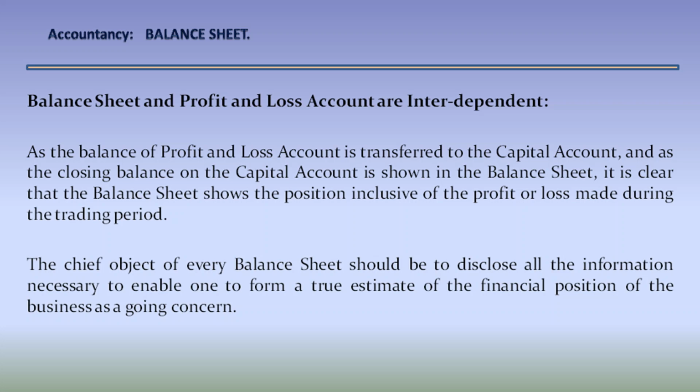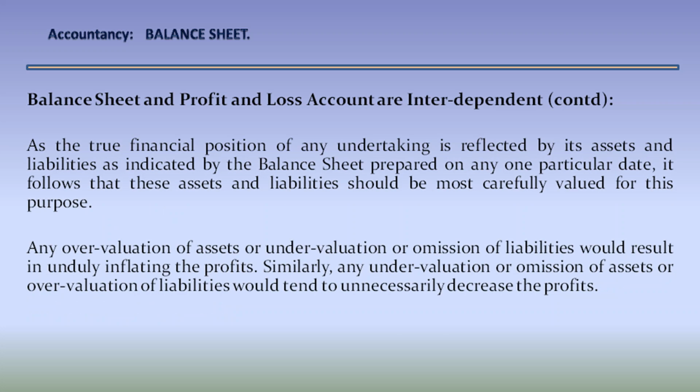The chief object of every balance sheet should be to disclose all information necessary to enable one to form a true estimate of the financial position of the business as a going concern. As the true financial position of any undertaking is reflected by its assets and liabilities, as indicated by the balance sheet prepared on any one particular date, it follows that these assets and liabilities should be most carefully valued for this purpose.